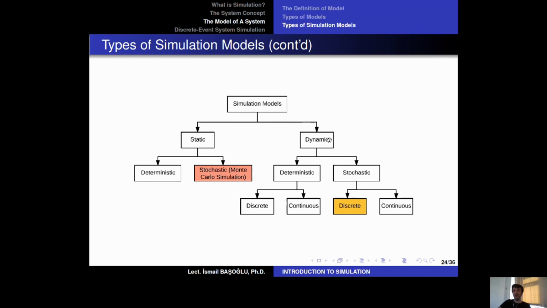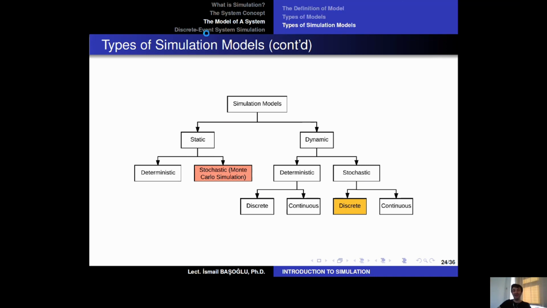Dynamic simulation models can be either deterministic or stochastic, and whether deterministic or stochastic, they can be discrete or continuous. We are going to be mostly interested in discrete, stochastic, and dynamic simulation models, which are going to be called discrete event system simulation models.